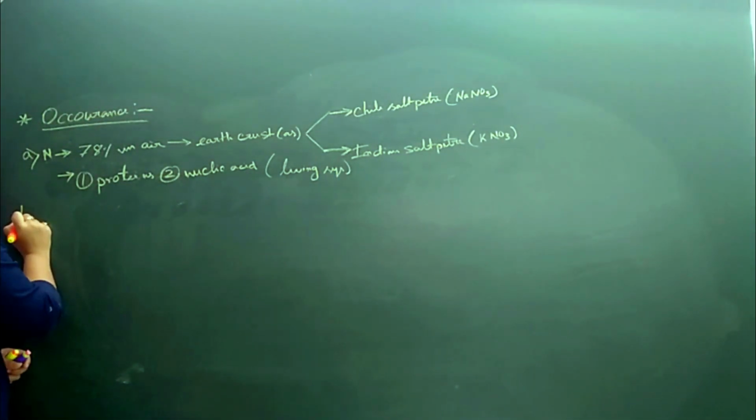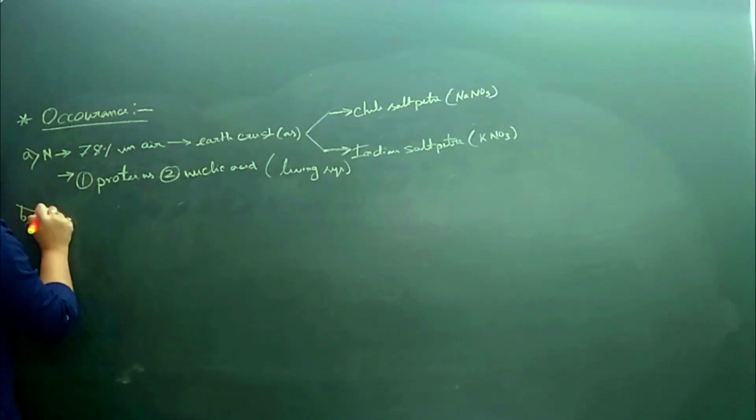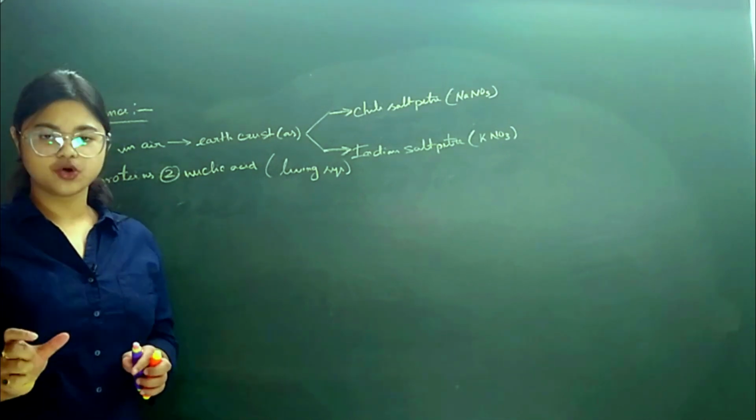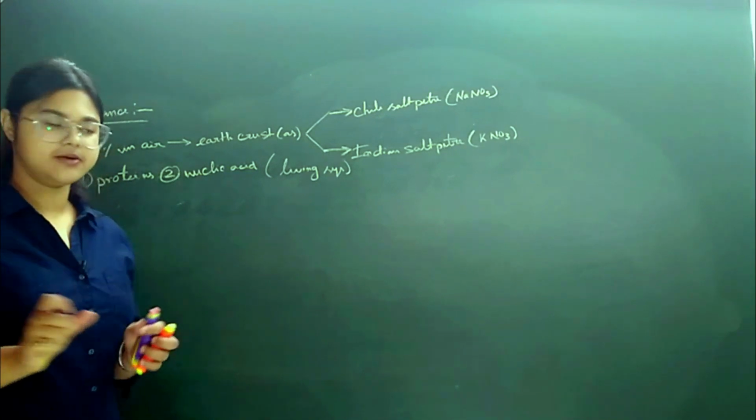Then we are discussing the next element, phosphorus. Phosphorus is found basically in phosphate rock, and the main family of the phosphate rock is the apatite family.